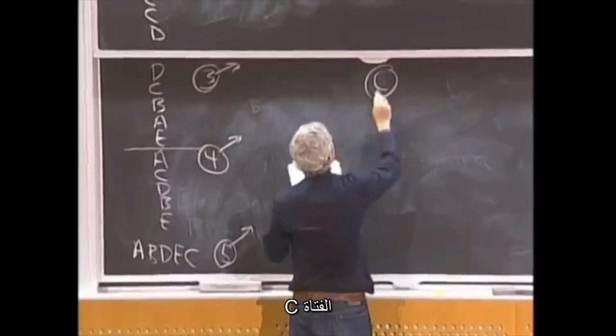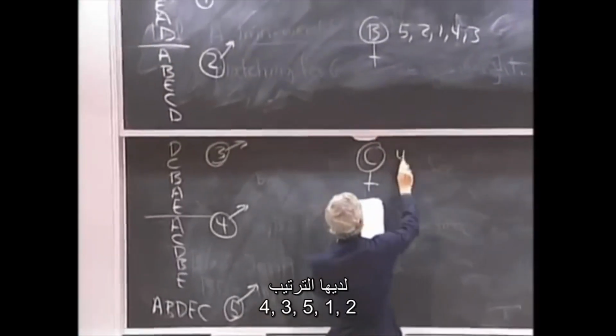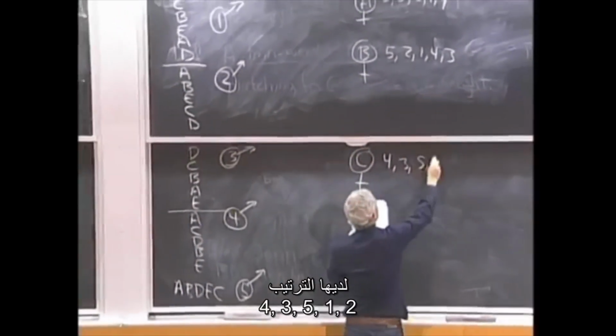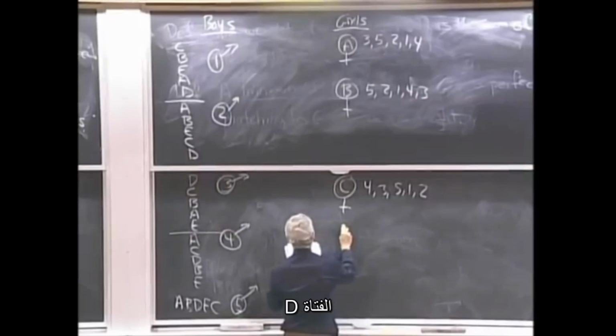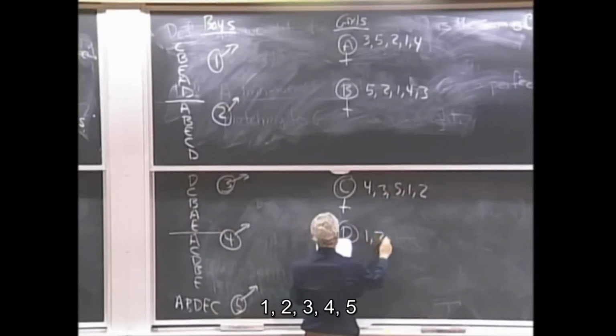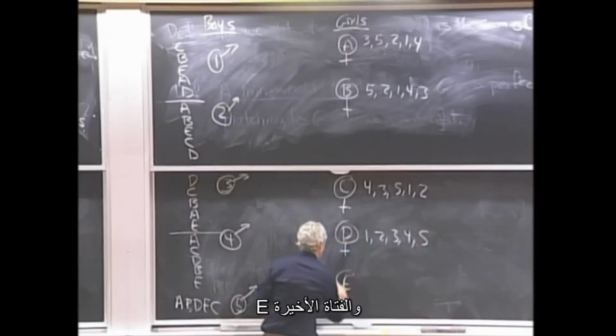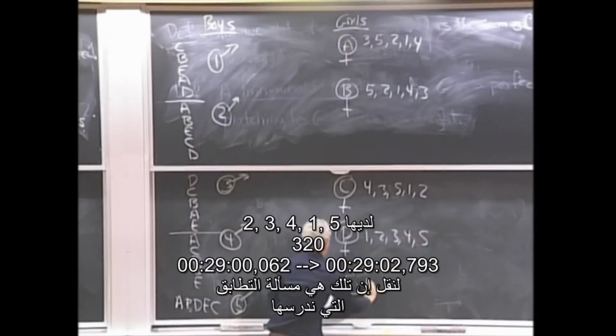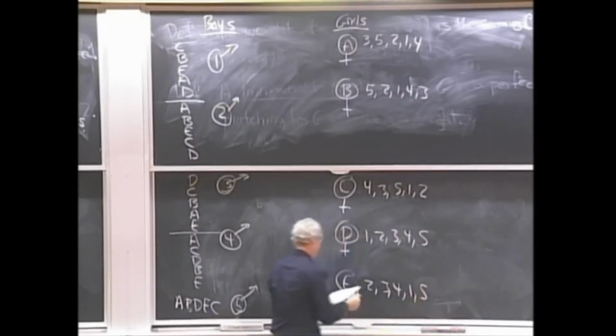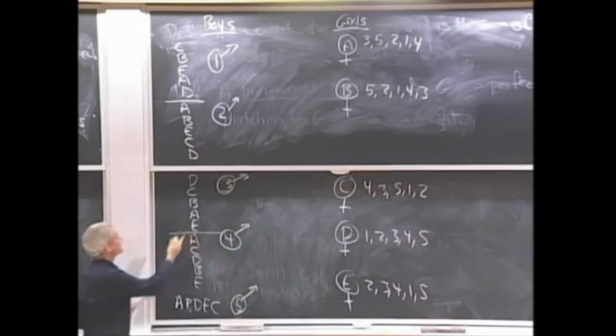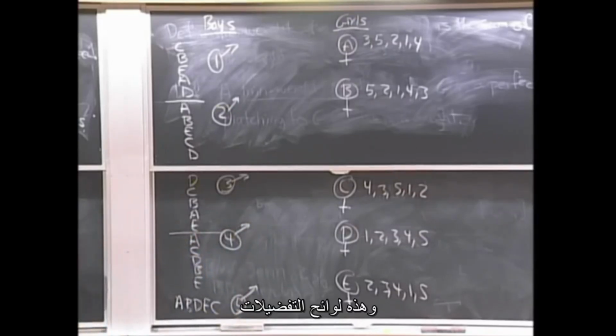Girl C has the order 4, 3, 5, 1, 2. Girl D, 1, 2, 3, 4, 5. And then the last girl, E, has 2, 3, 4, 1, 5. All right, so say that's our matching problem, and those are the preference lists.